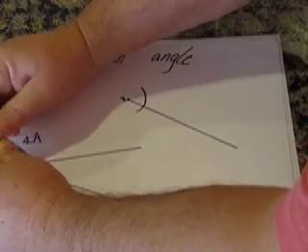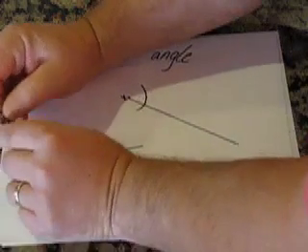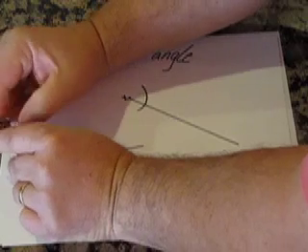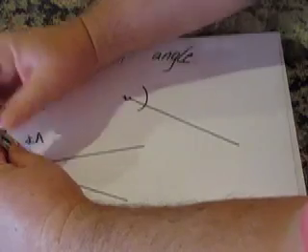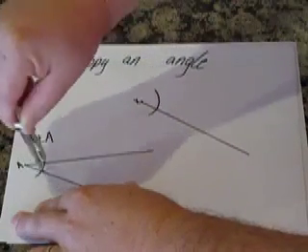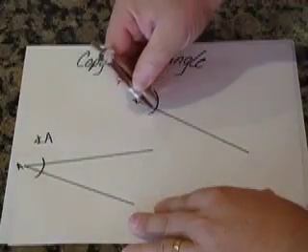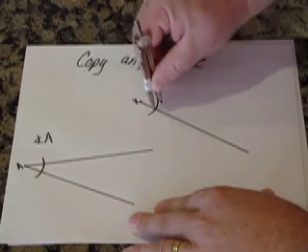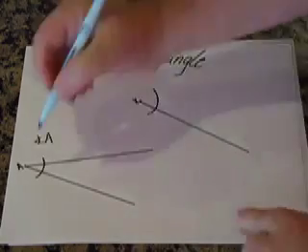Alright, so I measure that distance with my compass, and I make a mark like that, and then I come over here and I put that mark right there. So what marks did I make?